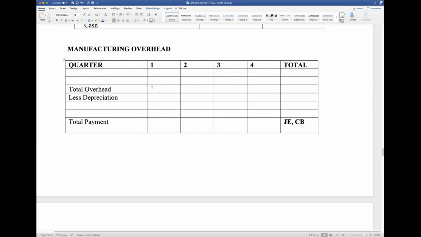Let me make sure it's right. Per quarter? That's the amount that we spent in total, right? That's the total amount that we had at the bottom. You look at your assumption. What is the overhead in the assumptions?